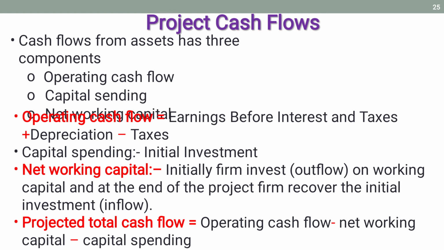Now we are moving to somewhat advanced material. We have been discussing very basic questions from the beginning of the presentation. Now let me explain the project cash flow in detail first.